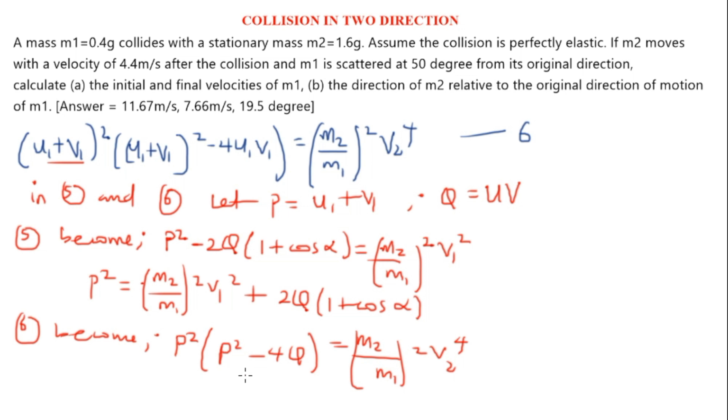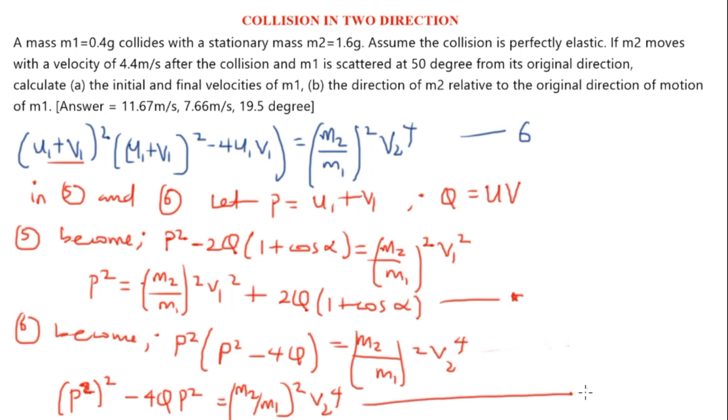Let's call this equation star. We can expand this so that it becomes p squared minus 4q p squared, which is equal to (m2 over m1) squared, then v2 raised to power 4. Let's call this equation star star.